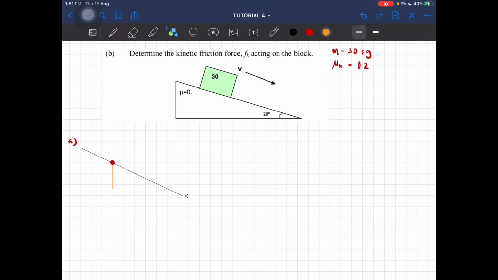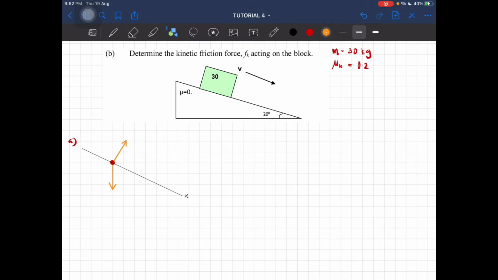So we have a weight force because this is not a massless block, so it would have weight. And then we will have a normal force 90 degrees to the surface. Is that 90 degrees? Kind of. And then what else?